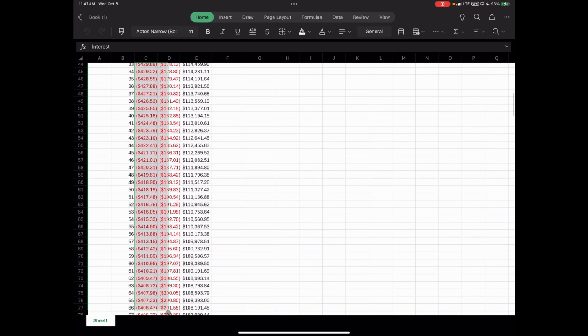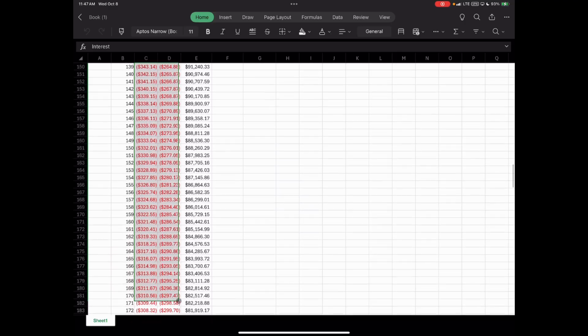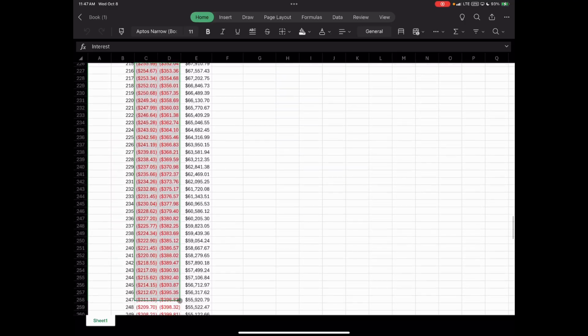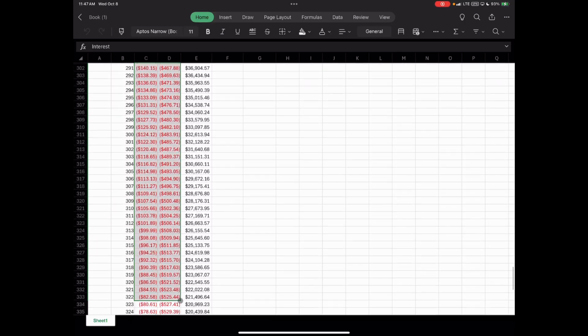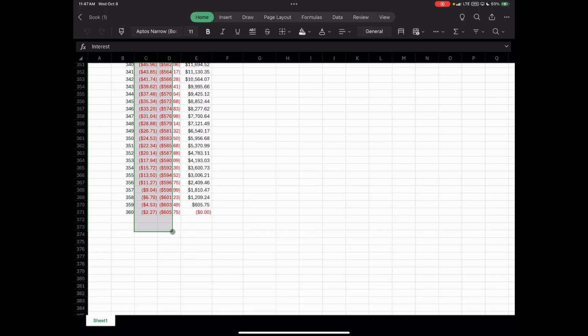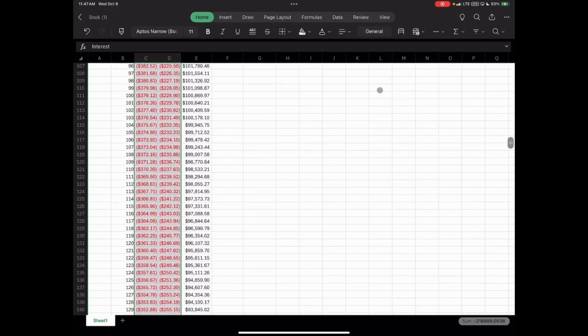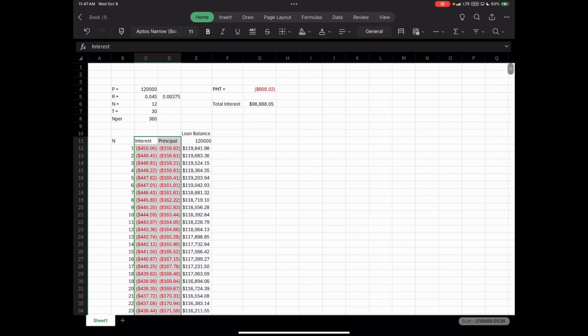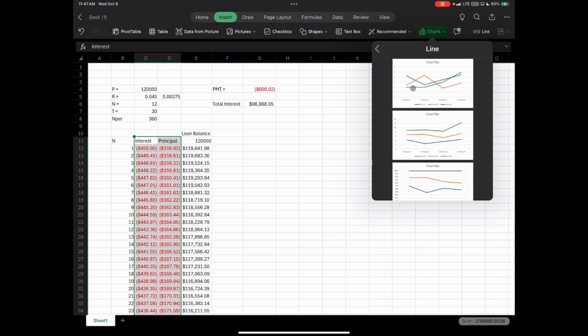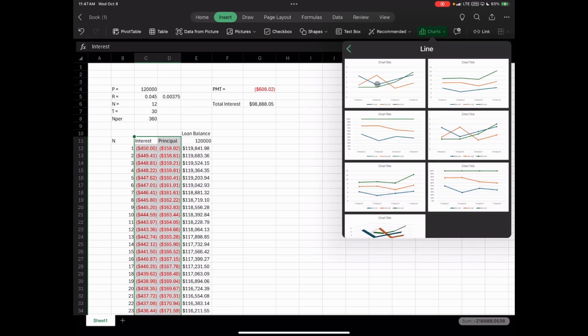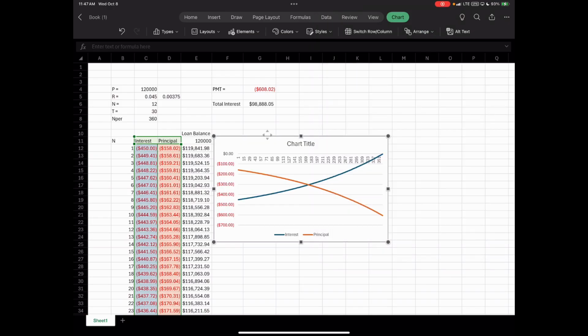They'll visualize a little bit differently as negative numbers, but it's not that big a deal. So as I highlight both of these columns, I go to Insert, then Charts, then Line, and I just choose whatever the easy first chart is here.